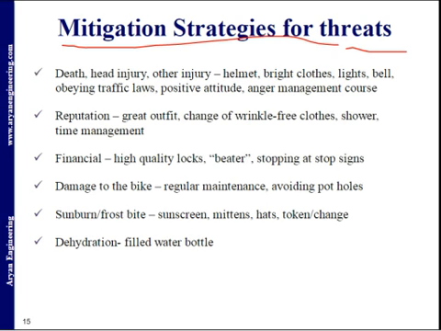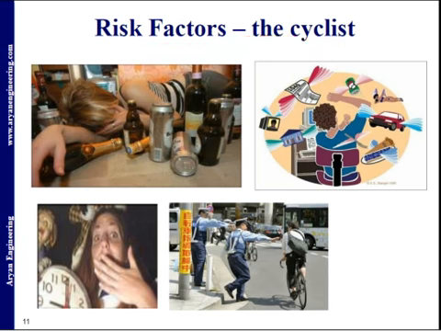If you see some of our photos, you can see this photo here, obeying the law. The same we discussed here during the mitigation strategy for the threat: obeying traffic law, or law and order, lights, bright colors, anger management, attitudes.